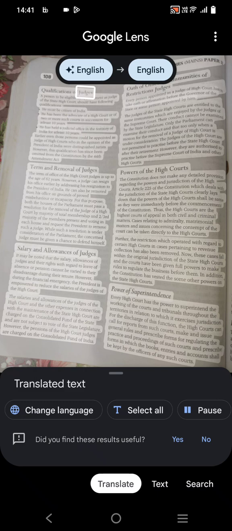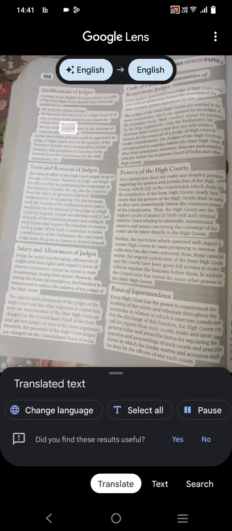Qualifications of Judges. A person to be eligible for appointment as judge of the state high court should have the following qualifications. He must be a citizen of India. He has been an advocate of a high court or of 2 or more such courts in succession for at least 10 years.